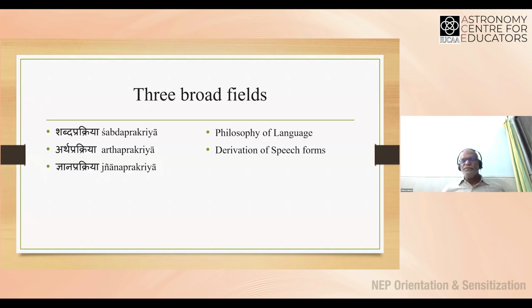Of course, that is a problem that the linguists encounter, and therefore they simply look for a rule-based system where generic and exceptional forms, exceptional rules will be stated. These are the three broad fields.